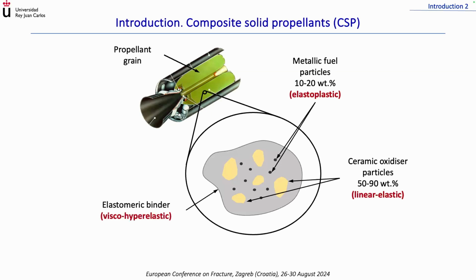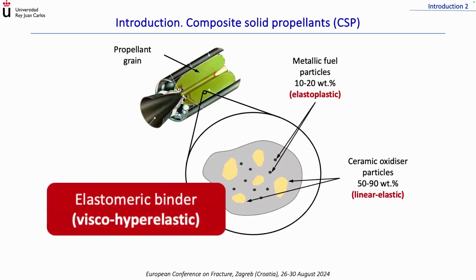Of course, the mechanical response of these composite materials is very complex because of the different mechanical behaviors of each component. But there is one thing clear: the mechanical properties of these propellants are controlled by the elastomeric matrix.